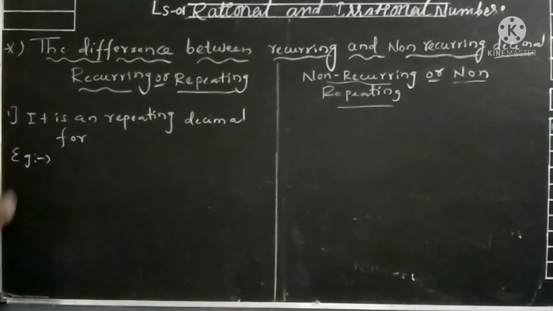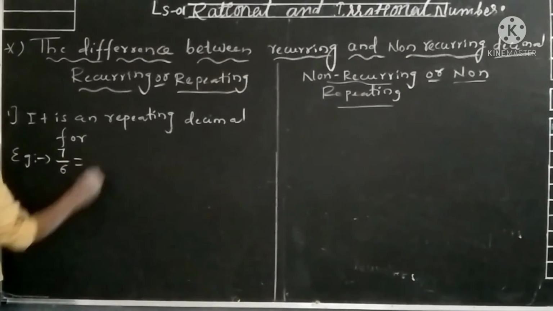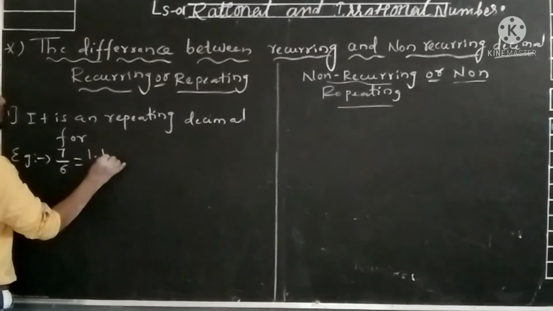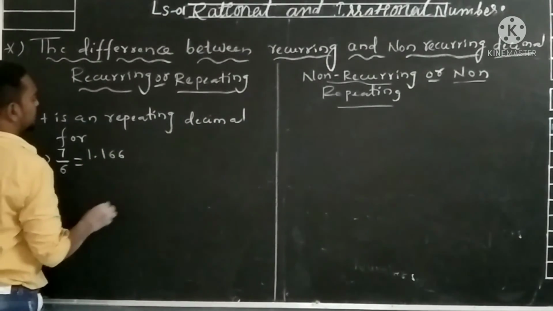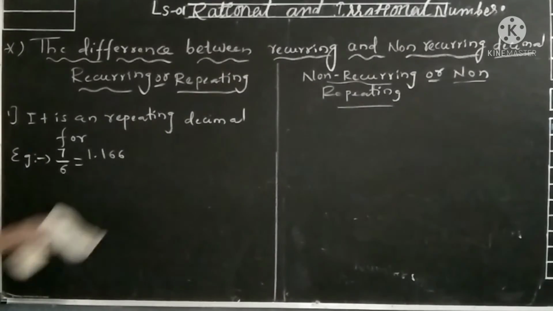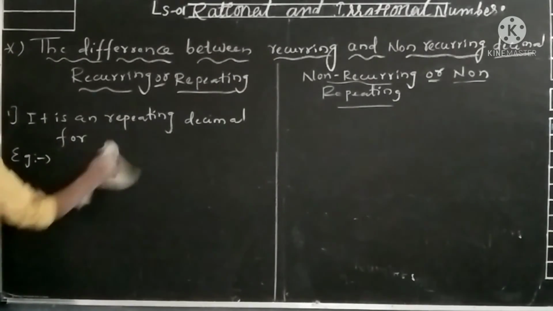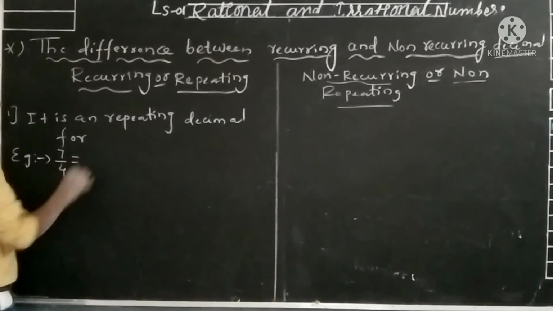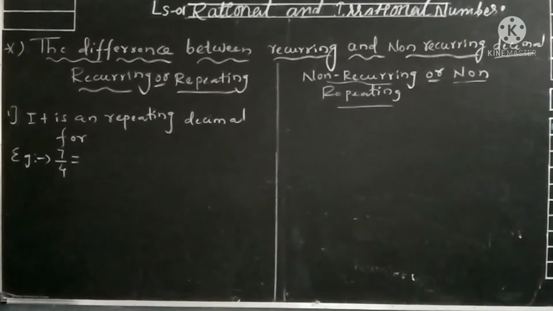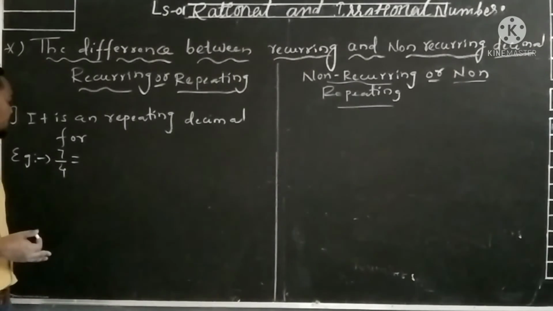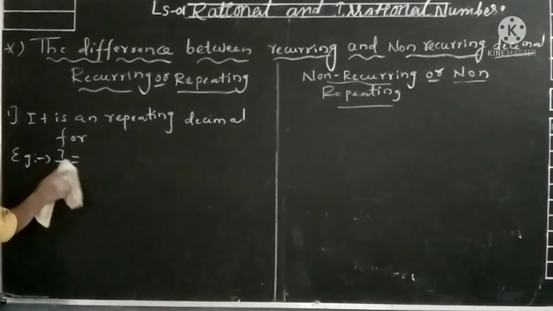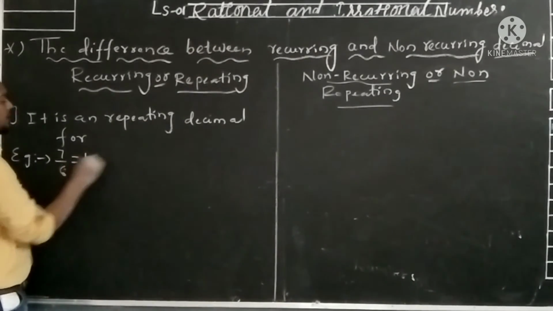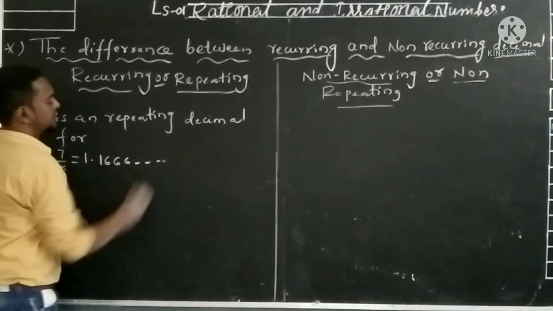Example, 7 upon 6. When 7 upon 6 is divided, it becomes 1.1666 and so on.